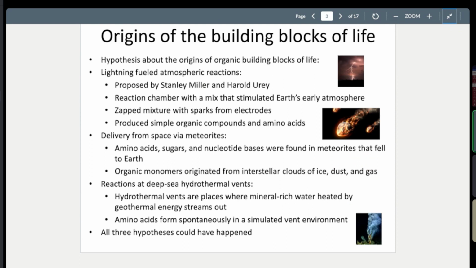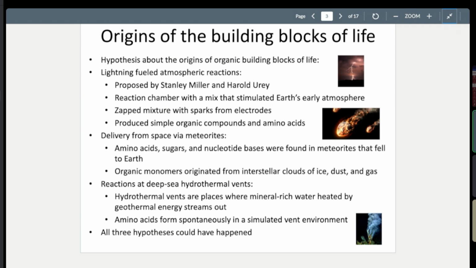So the hypotheses about all of these proposed origins are here. You have light-fueled atmospheric reactions, delivery from space via meteorites, and reactions at deep-sea hydrothermal vents. All three hypotheses could have happened. The first one is lightning-fueled atmospheric reactions.